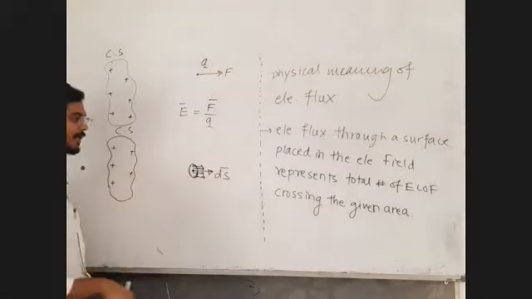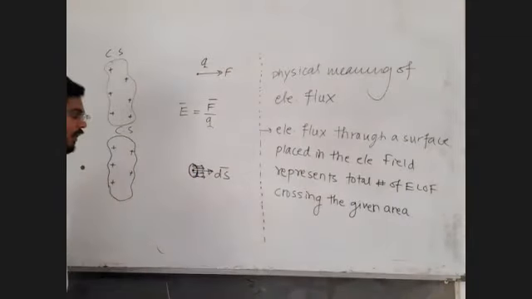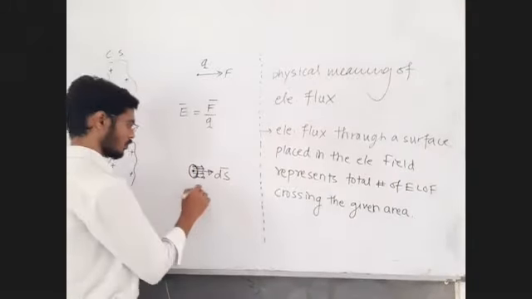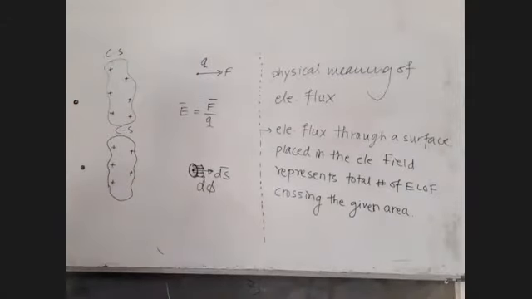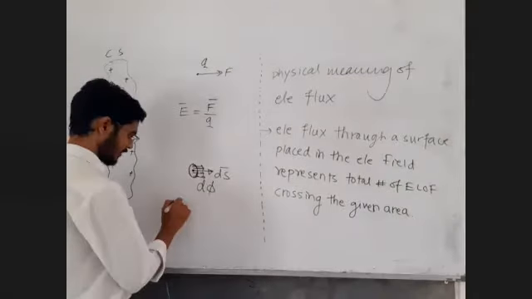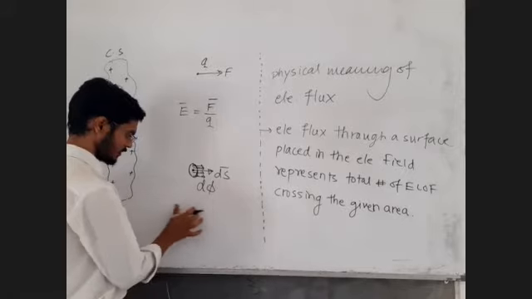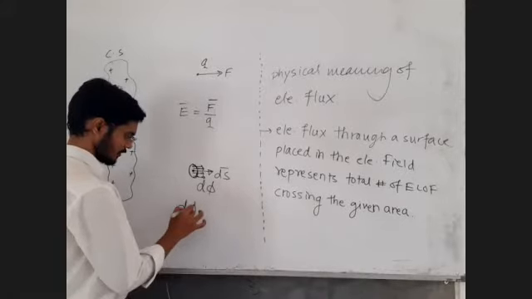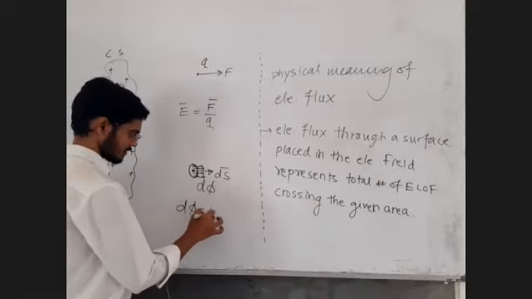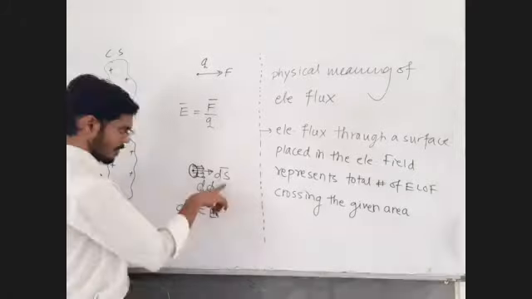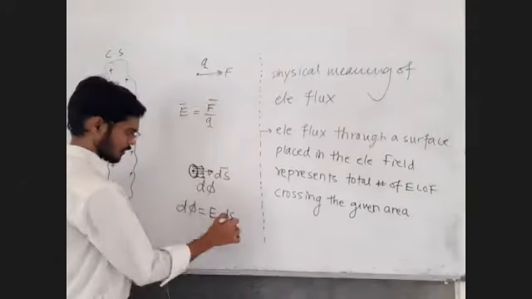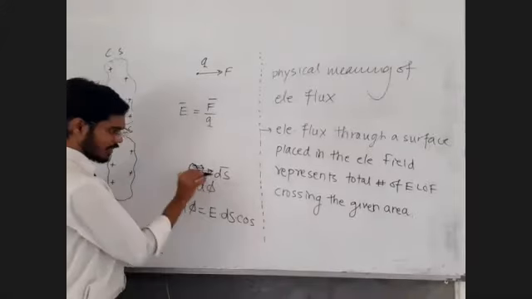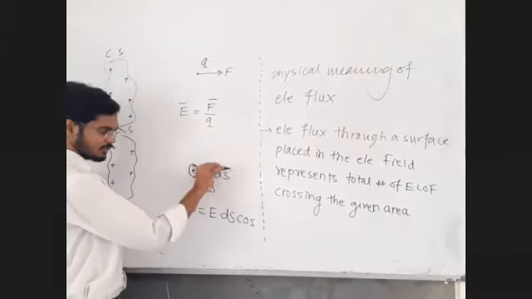Crossing means perpendicular to the area, or parallel to the area vector. If I know that value, then I can write the electric field like this. Initially I can write the electric flux as the magnitude of the area vector at this point times cos of the angle between the area vector and the electric field.